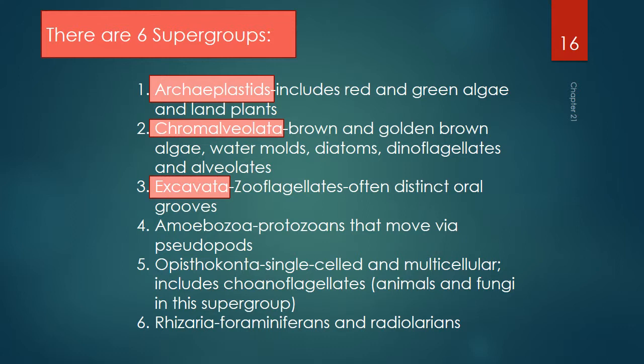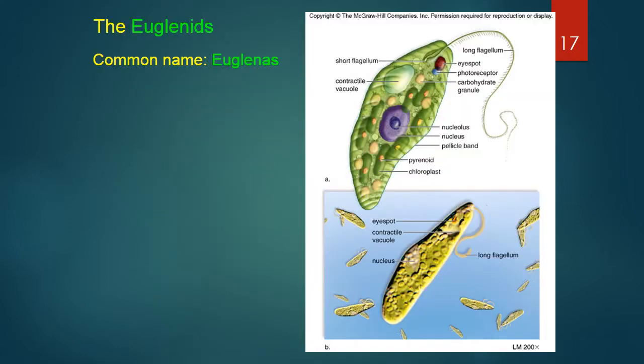Okay, so now we're going to move into the supergroup Excavata that mostly contains zooflagellates, and they often have a distinctive oral groove that kind of distinguishes them to be in this particular supergroup. And one that we use often to represent this is the euglenids, or by the common name Euglena.